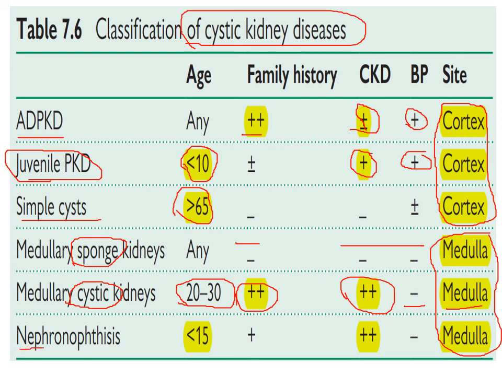Nephronophthisis is also a tubulointerstitial disease with autosomal recessive inheritance. It is one of the most common causes of end stage in adolescents at the age of 15. Again, blood pressure is usually normal because it is a tubulointerstitial affection.